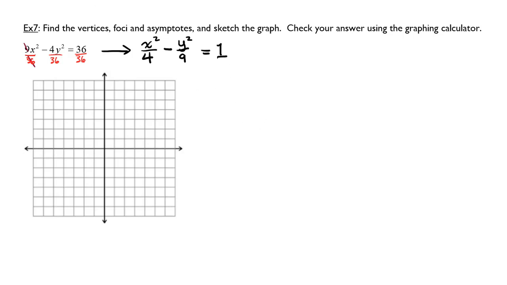And now I have my two denominators. Now remember, you have to figure out which one's which. If x squared comes first, then you know your hyperbola is opening sideways. And if y squared comes first, meaning it's not the negative term, then you have a hyperbola opening upwards and downwards.